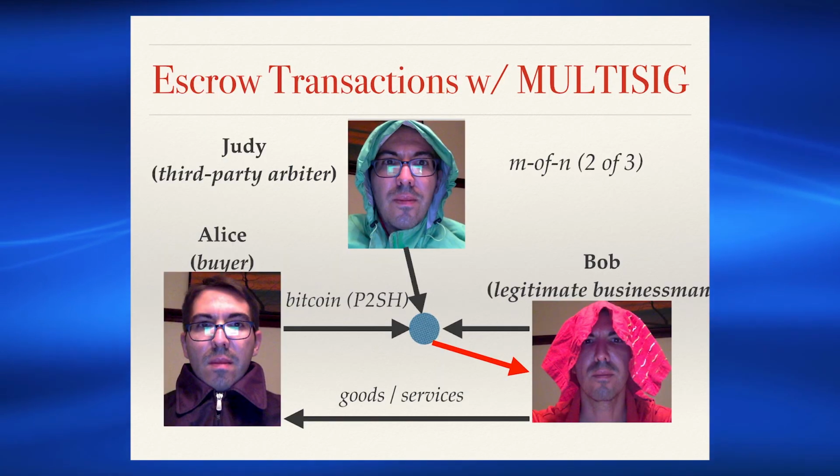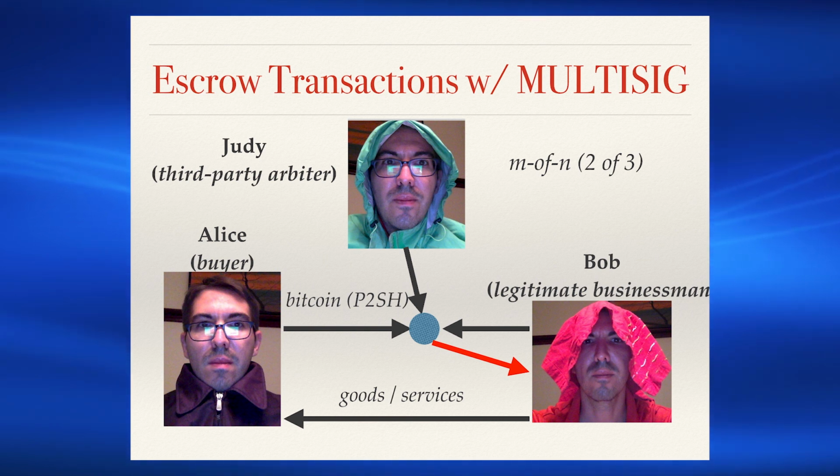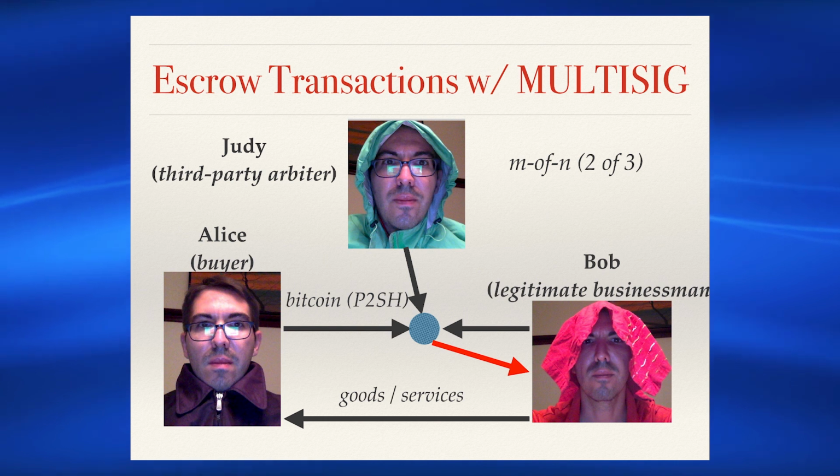So escrow transactions, we have seen escrow happen in real life in lots of different cases, where you give a security deposit to a bank when you're renting an apartment, for instance. And the bank will store that, and if both you and the owner of the apartment at the end of your lease decide that everything is okay, the bank never really has to get involved aside from just storing that money.